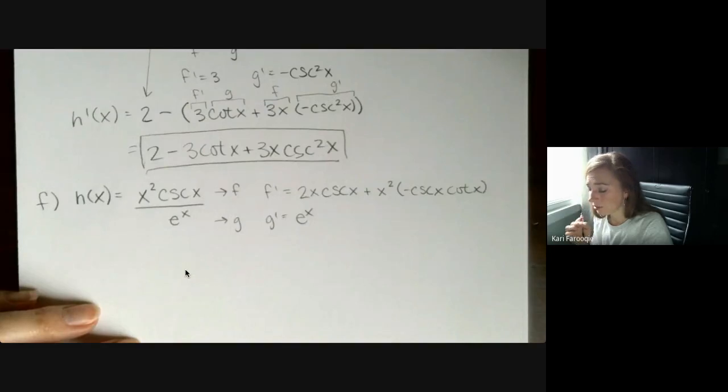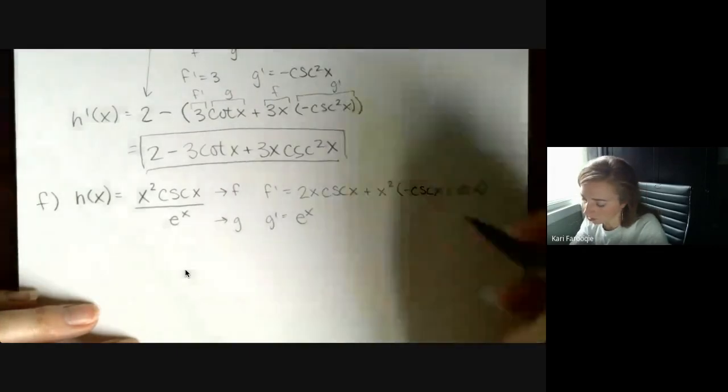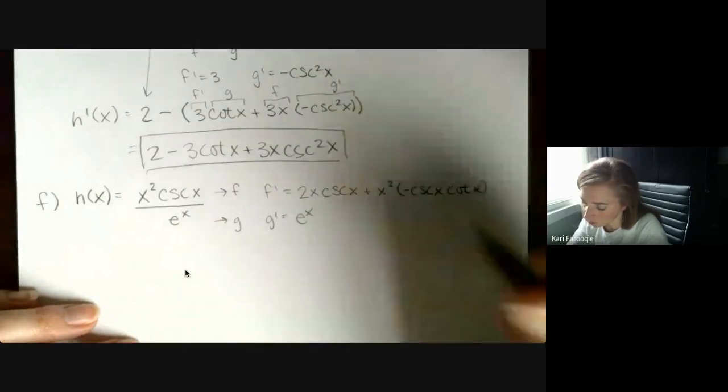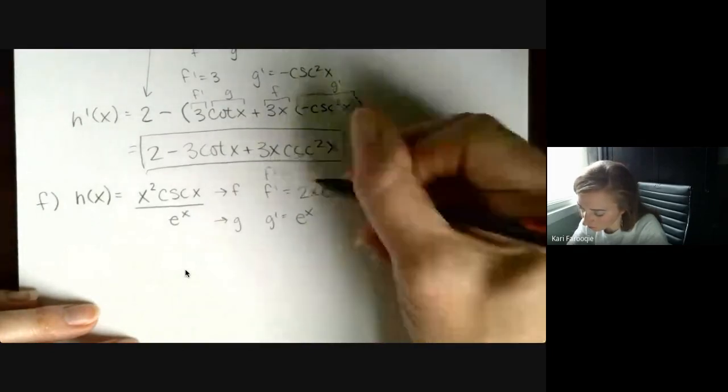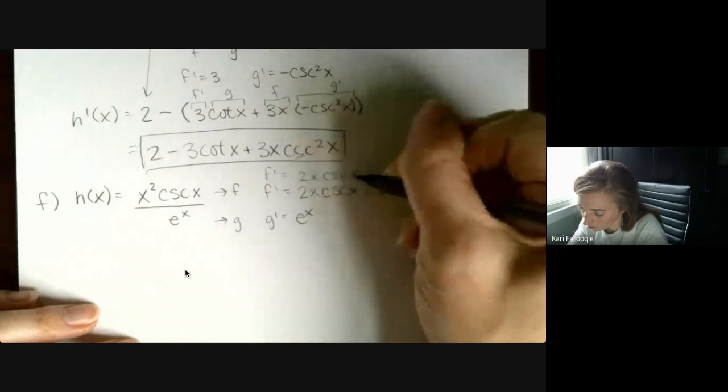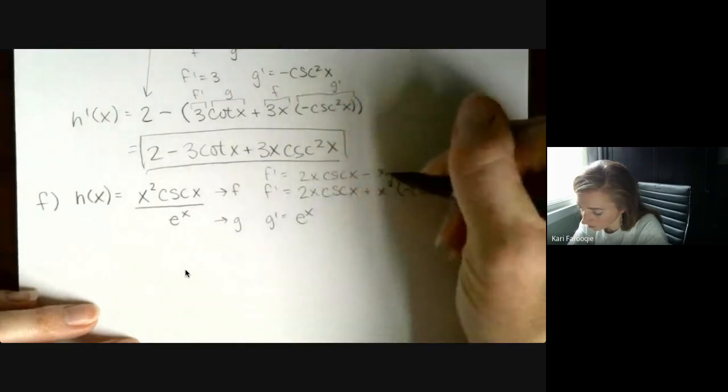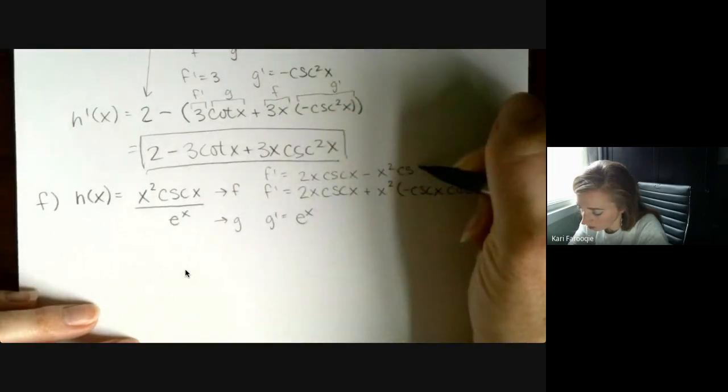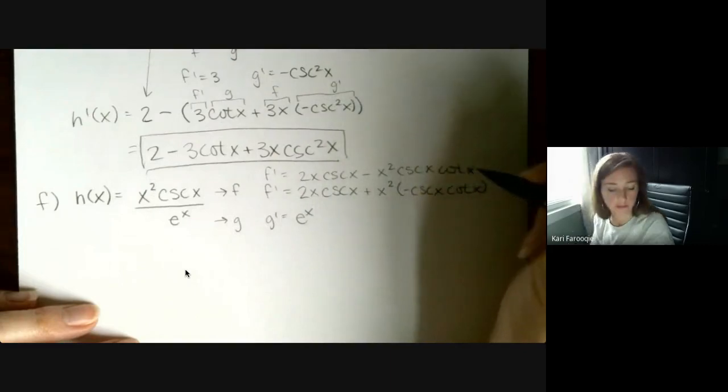So if that's bothering you with the plus and negative, you can always rewrite that. Trying to figure out the best placement for that so that it doesn't look really confusing. I'm going to just put it above. Minus x squared cosecant x cotangent x.